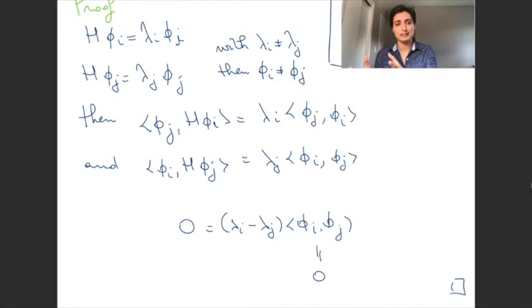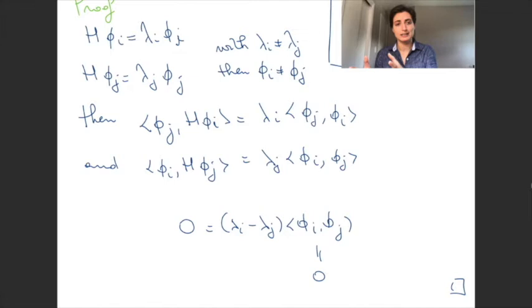Then we take either of the two and make an inner product with the other eigenfunction. We notice that the first two elements are the same, while the second two are different.